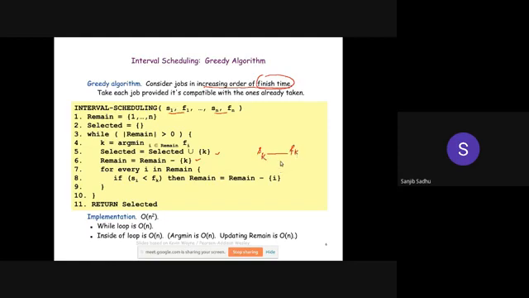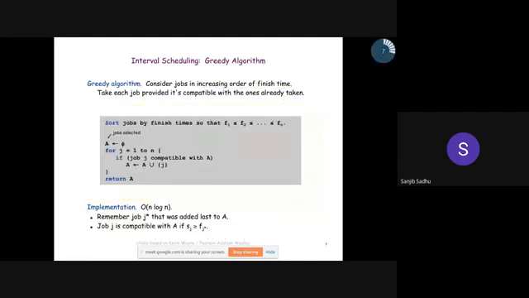Now if any job's starting time Si is less than the finishing time of the kth job, then I have to reject that also, because I cannot execute both job K and job I. So if Si is less than the finishing time of K, then remove it from the remaining portion. The while loop is linear, the time complexity is not a matter, but we have to prove that it is optimal.